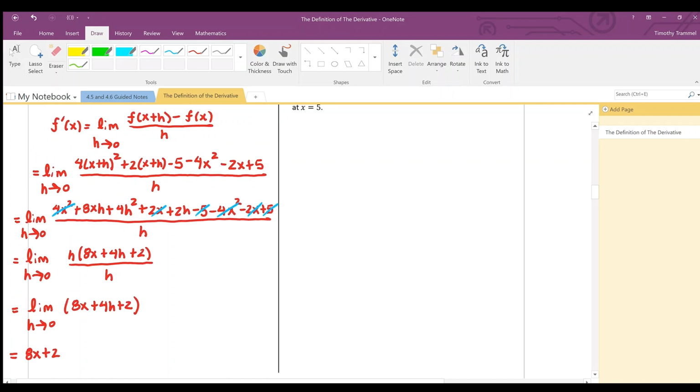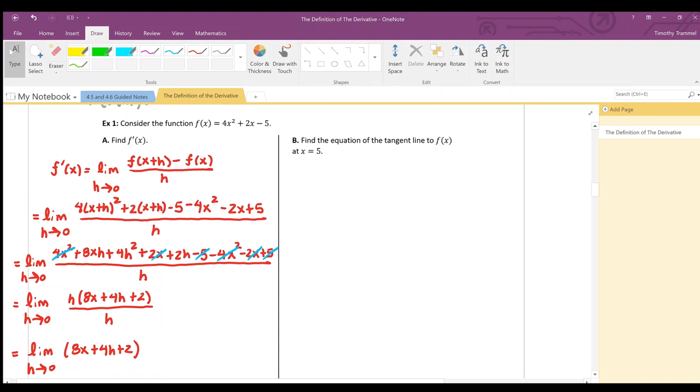Let's go ahead and jump to part B. Find the equation of the tangent line to f of x at x equals 5. Let's see how this applies to this question. Well, we know that the equation of a line through any given point can be given by this equation here.